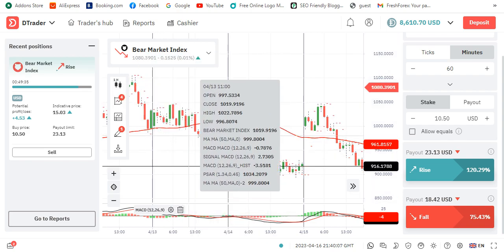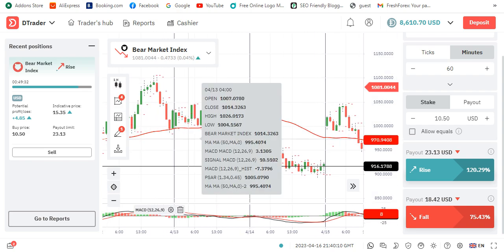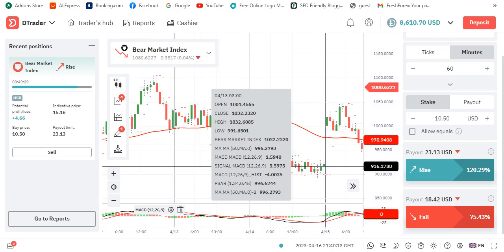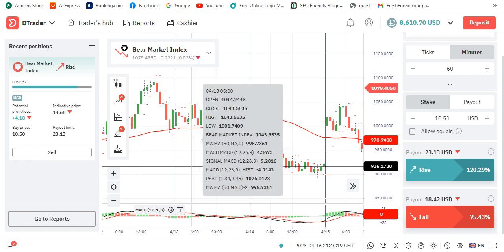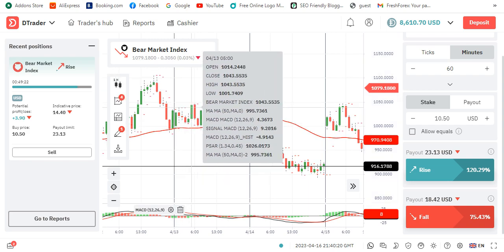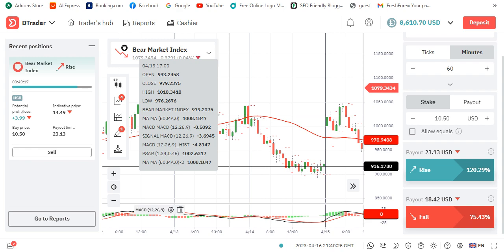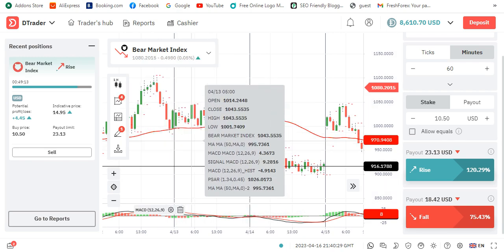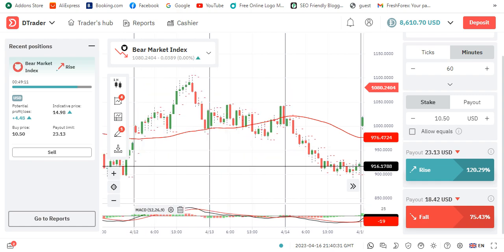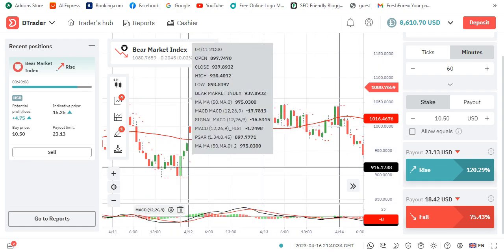So it is a day that you have something like this, where the market is struggling at the upper side, trading against itself, that you try to take advantage of this reverse trading method. So guys, that is the strategy, and I believe from now you will start making money with this.